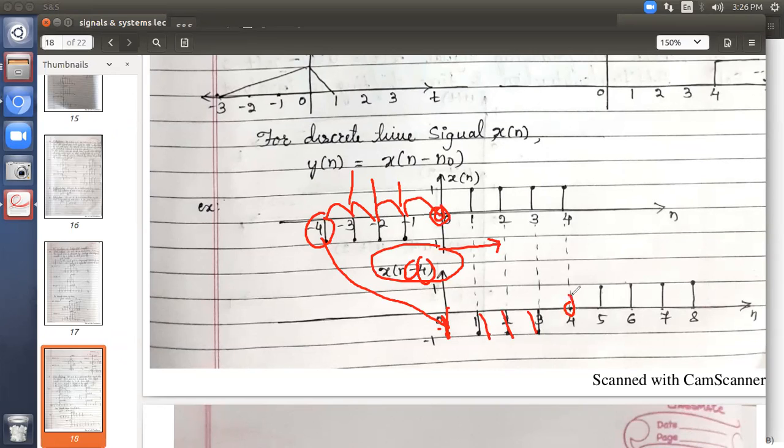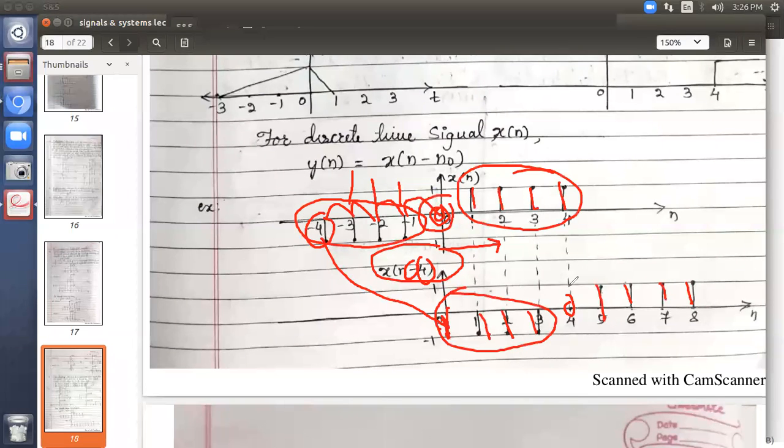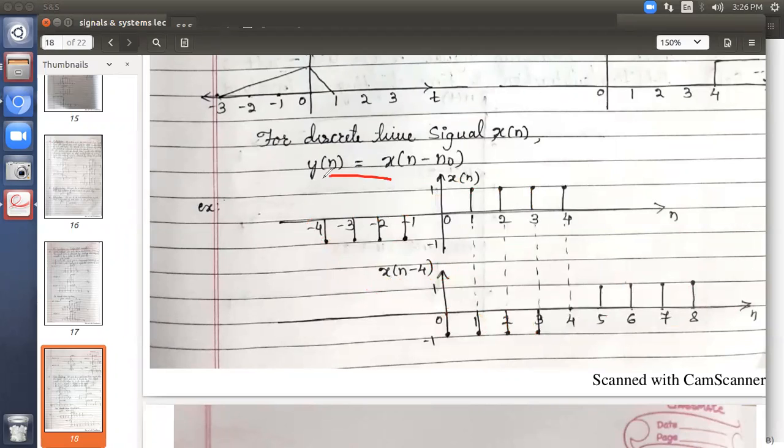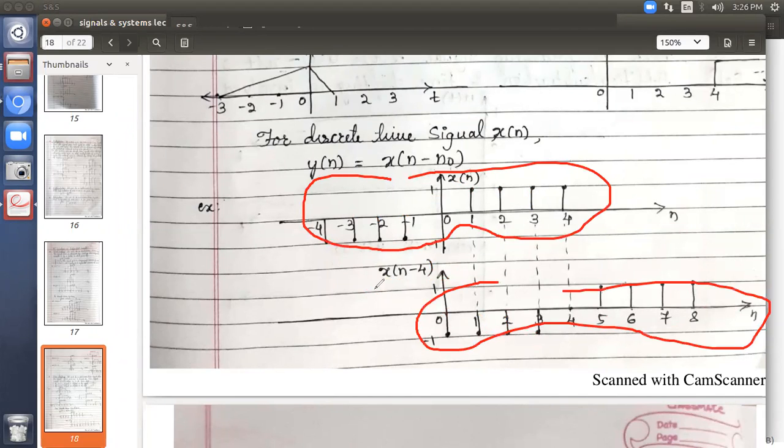So 0, mark it. Then continuously 4 samples are there. Those continuous 4 samples. See, total number of samples 4 plus 1, 5 plus 4, 9. So here also 4 plus 1, 5 plus 4, 9. So 9 samples to be shifted. See, complete figure, you just check it. There is a shift of 4 amounts. I hope you understood this problem.